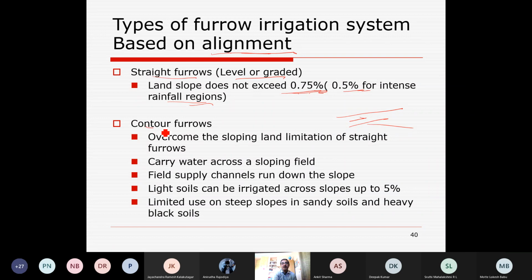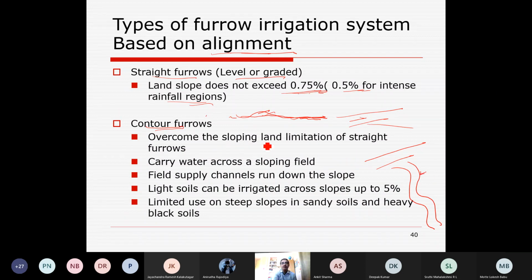Then the contour furrow. The reason being the soil or area topography is not supporting and it's not economical to remove the excess and fill here. So sometimes we design contours rather than straight furrows, because of the contour or slope of the area.